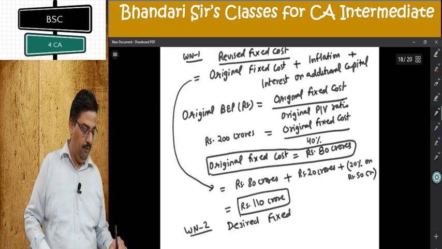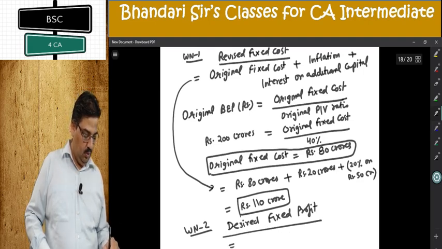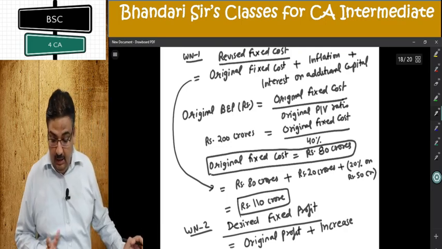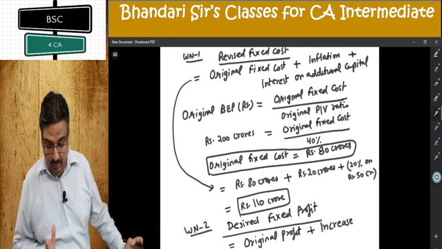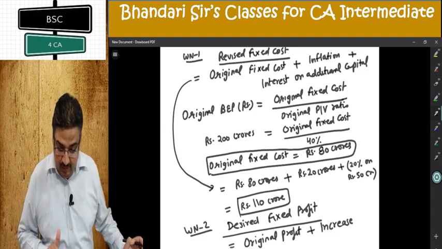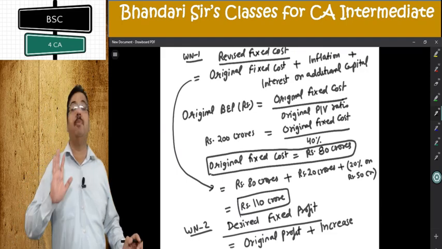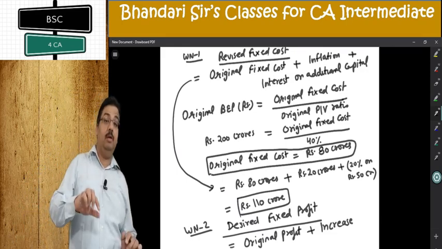Desired fixed profit is original profit plus increase. The question tells me in point A, indicate sale figures with working that will be required to earn 10 crore over and above the present profit.